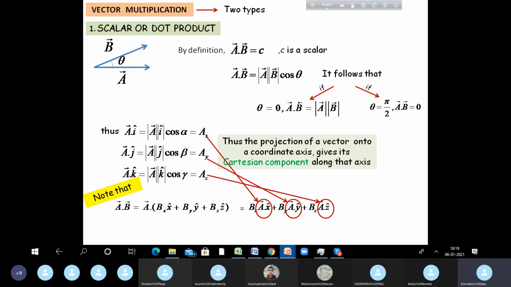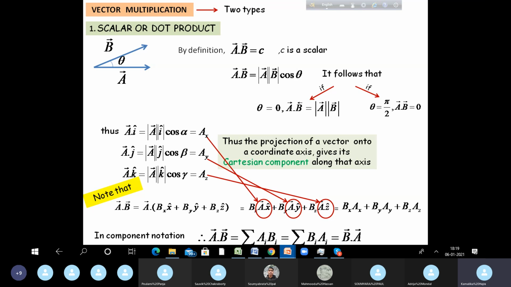They are the unit vectors along the three coordinate axes. Since the components are defined in this manner, we can write this expression as bxax plus byay plus bzaz. And these are all scalars, so the position does not matter. You can as well write axbx, ayby and azbz because the components are just scalars.